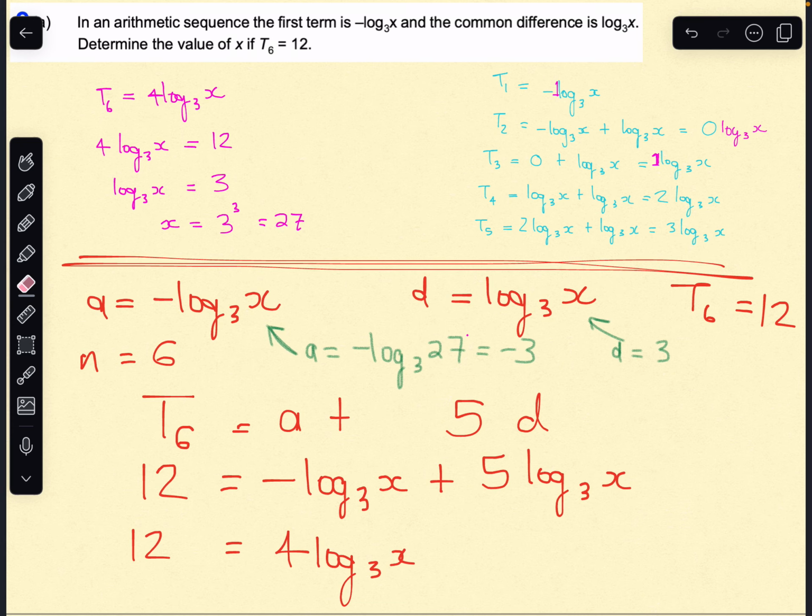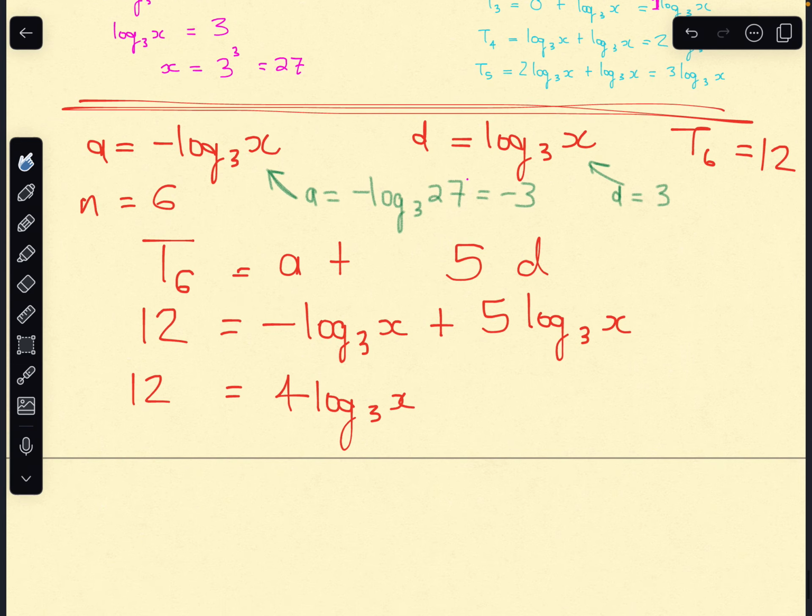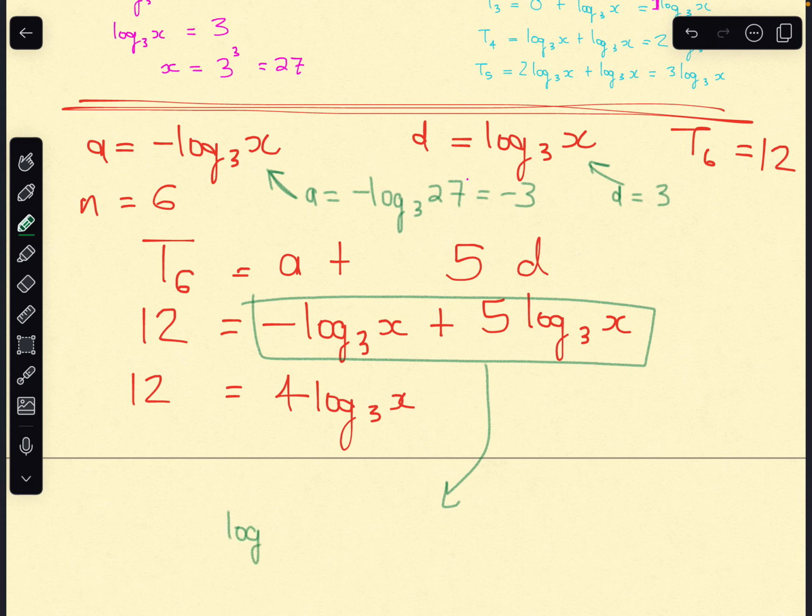Okay, so here's an interesting thing that they do in the second approach. They use the laws of logs to rewrite this as one logarithm. So they take this and say this can also be written as log base 3 of x to the minus 1 plus log base 3 of x to the 5.